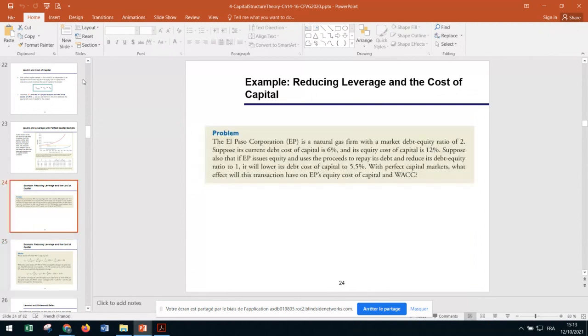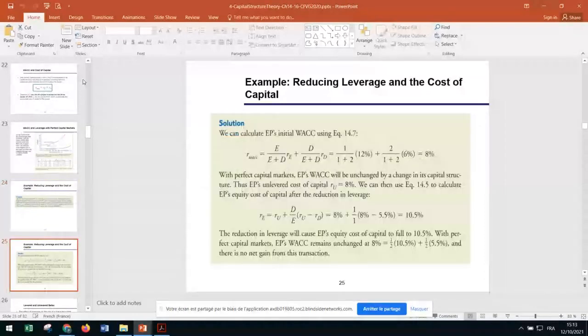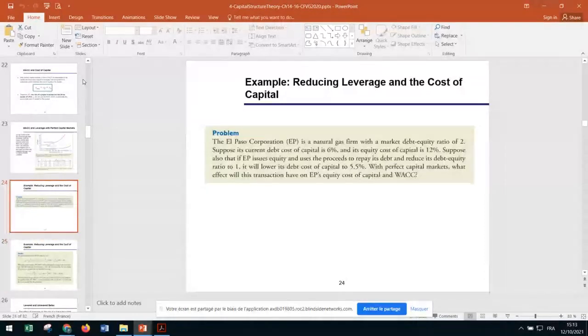Remember when I do the exercise with you, I suggest you read and then write. After you write, you can draw. Then the calculation is simple. For example, El Paso Corporation is a natural gas firm with a market debt-equity ratio of 2, so D over E equals 2.